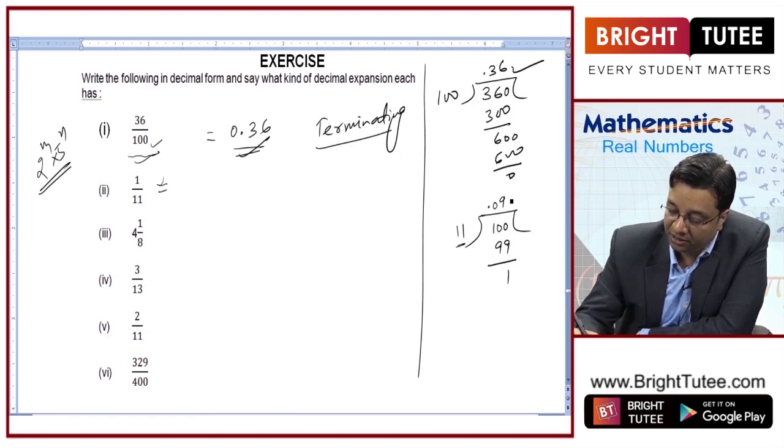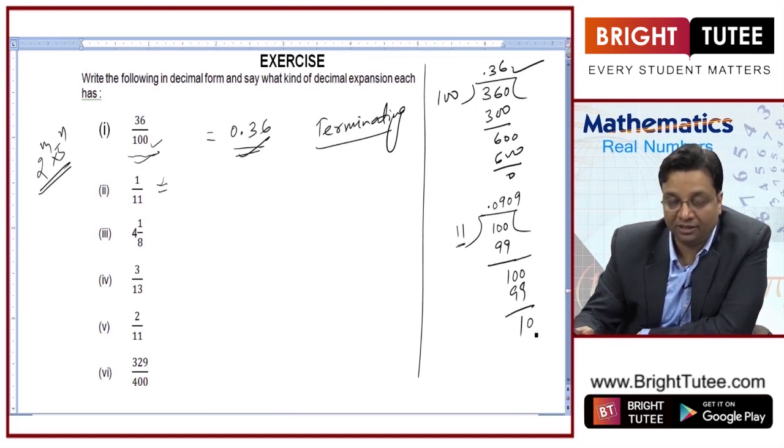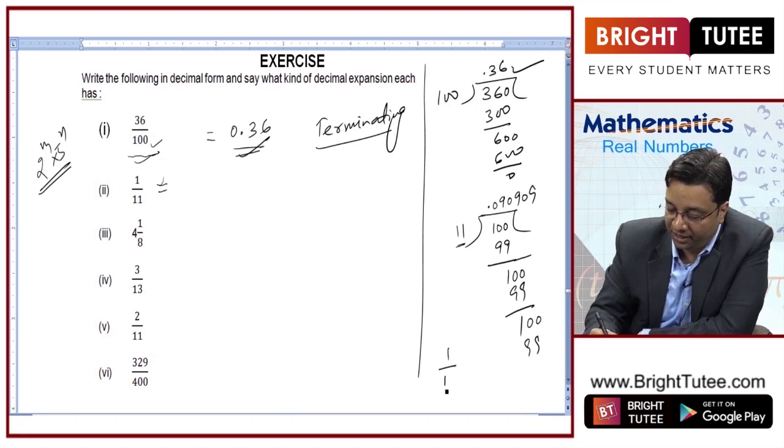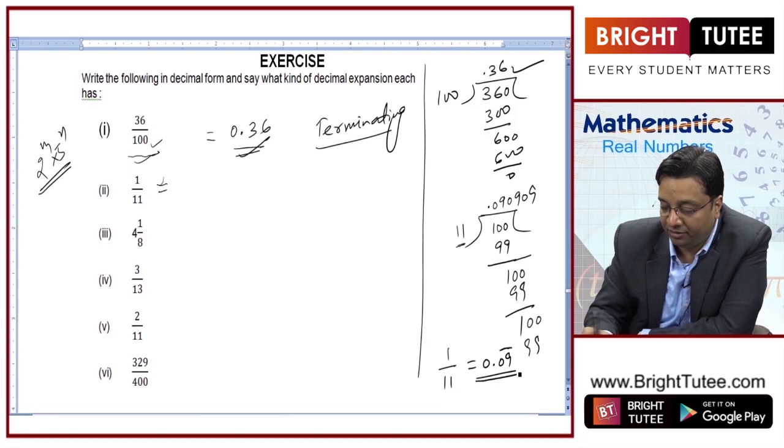So, now a 0 again, and a 0 again. So, 9 again, 99, 1 I have got. So, again 99. So, what I can say is 1 by 11 is 0.09 and 09 is the repeating block.